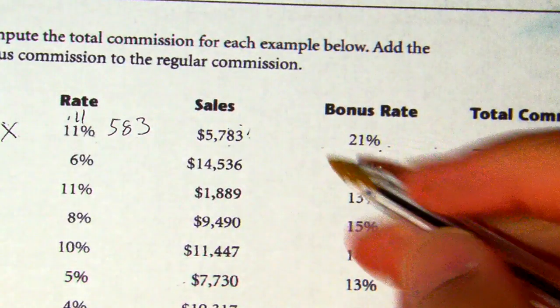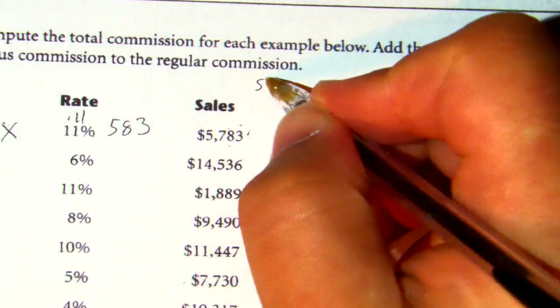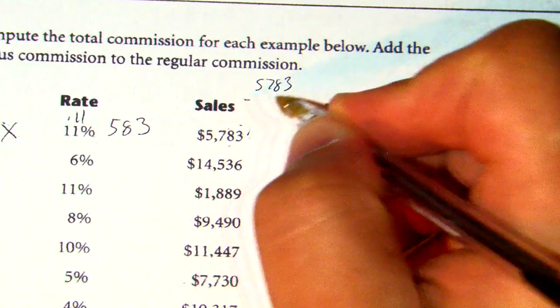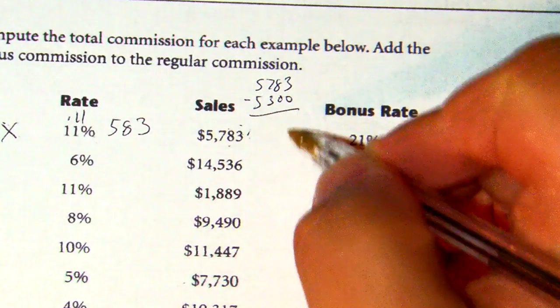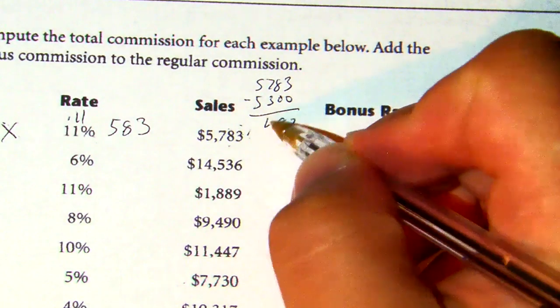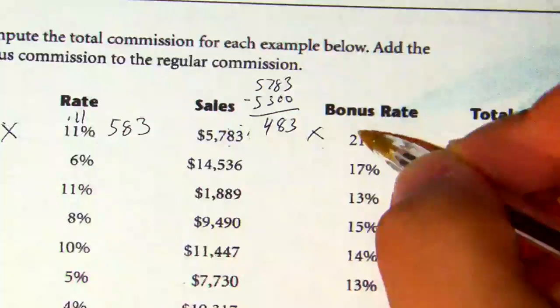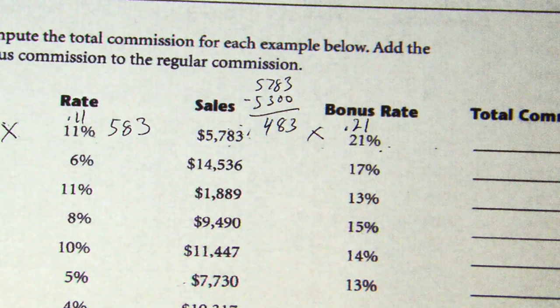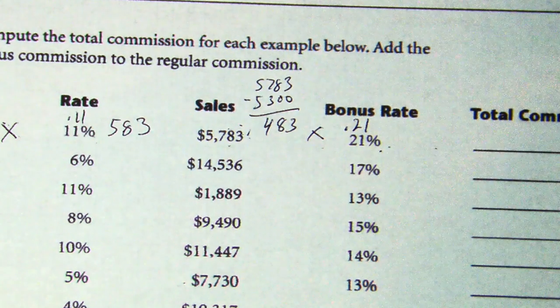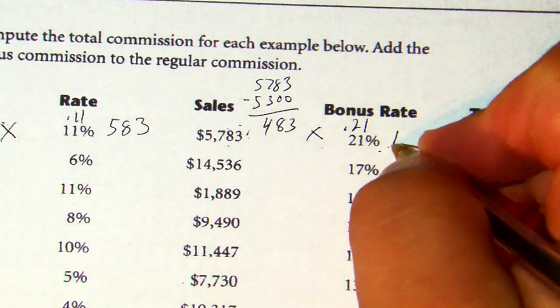On this side, I got to take this number, 5,783, subtract 5,300 from it, and I get 483. And now I can multiply that by your 21%. So 483 times 0.21, 101.43.